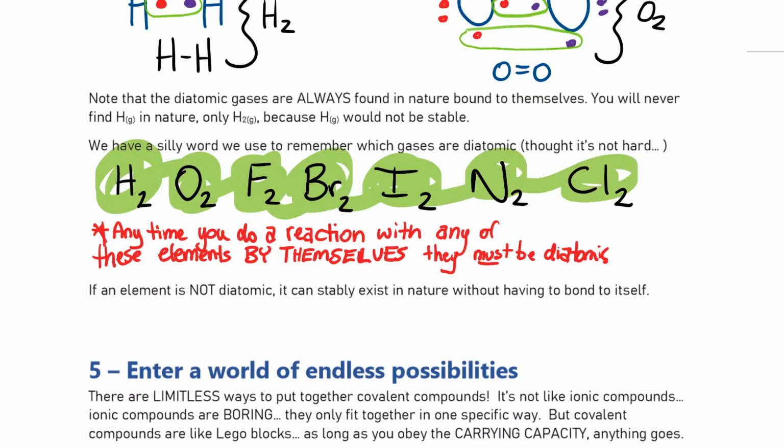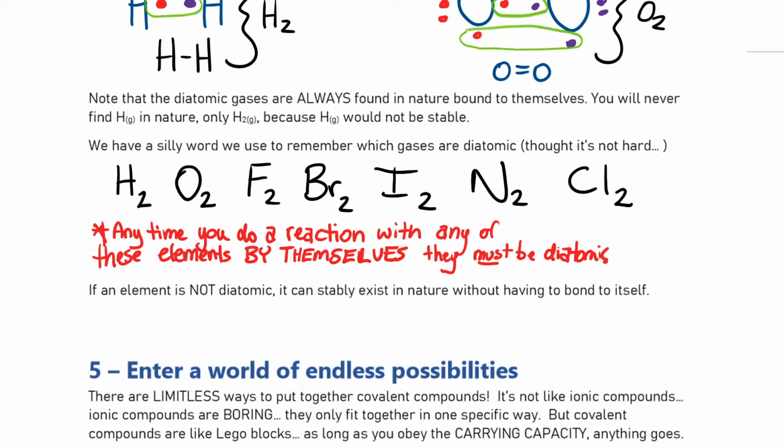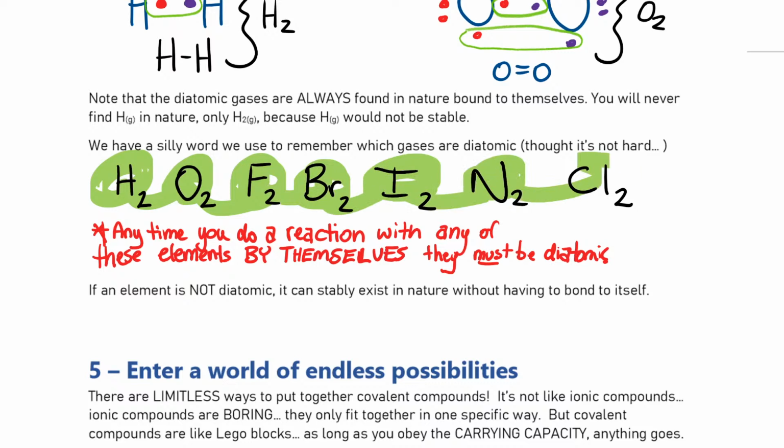And if you did a bad job, which you totally would because people are always too embarrassed to get enthusiastic like kindergarten kids, I'd make you do it again. So why don't you all stand up and let's say them together. Hey guys, what are the diatomic elements? Let's all say it together. Hydrogen, oxygen, fluorine, bromine, iodine, nitrogen, and chlorine.